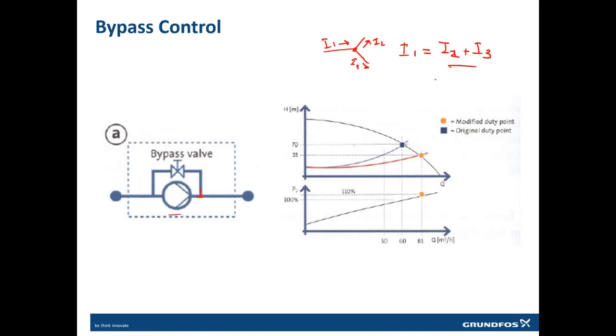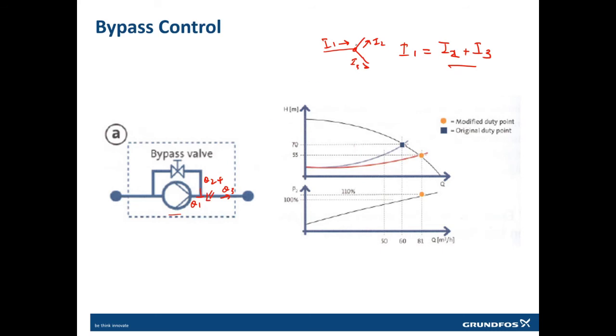This is always the case. The same law is applicable here. If the flow Q1 is coming in here, and Q2 and Q3 go out in these directions, the sum of Q2 plus Q3 will always be equal to the flow which is coming in.